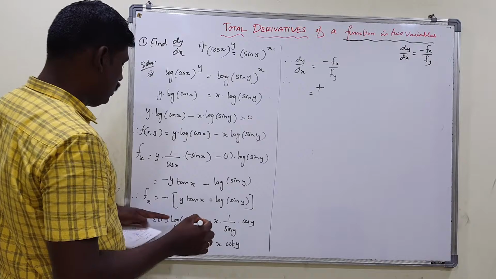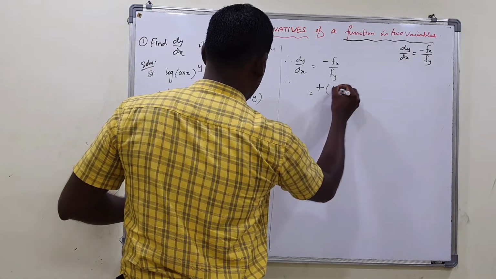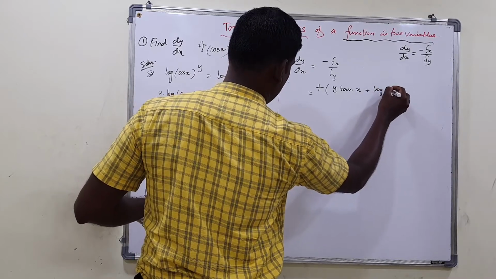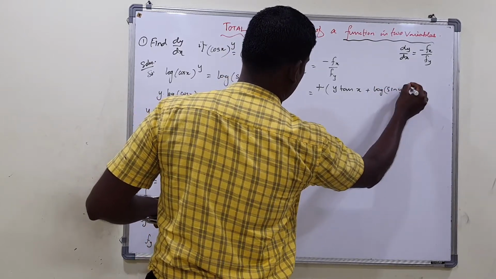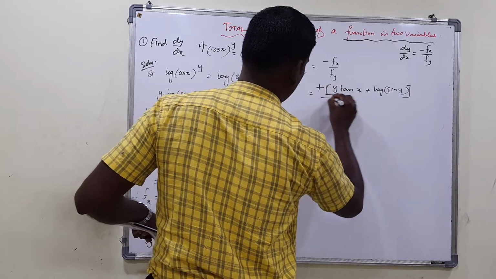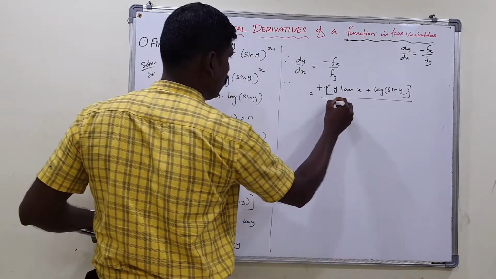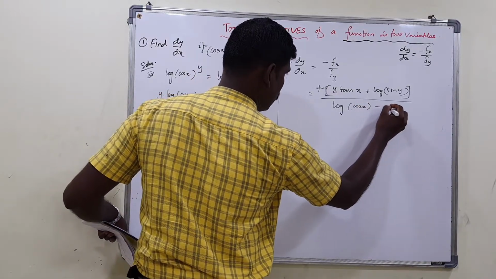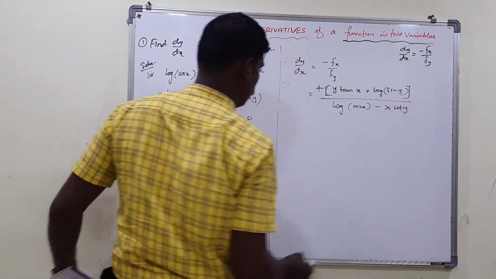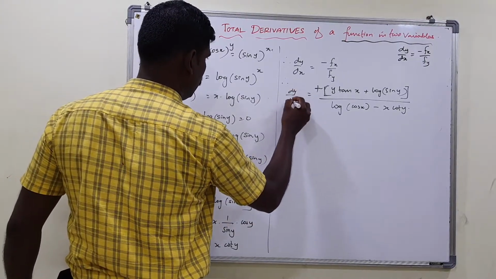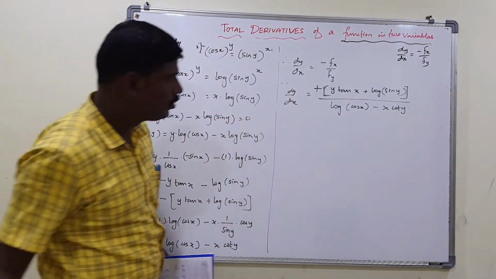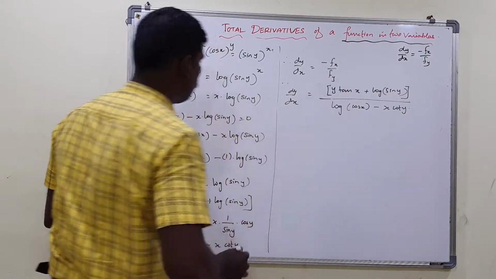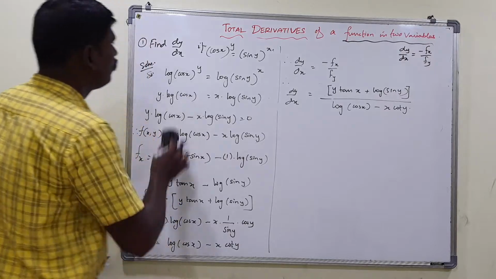So plus into fx, y tan x plus log sin y, divided by log of cos x minus x. That's all. This is the value of dy by dx. Okay. That's all. The next problem.